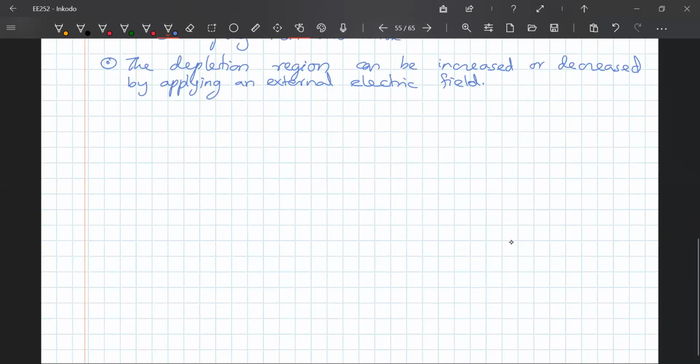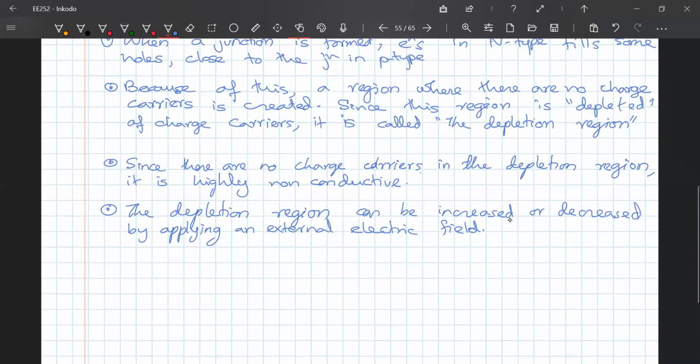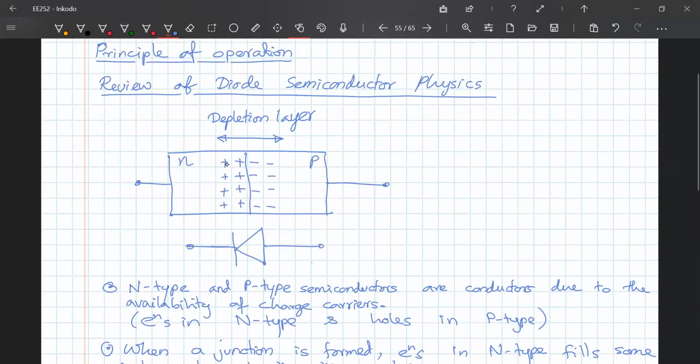Now, the depletion region, remember, is the region where you have no charge carriers because electrons have jumped over to the other side and combined with holes. So no holes or electrons. That is why it is a depletion region, depleted of charge carriers. If I apply a voltage across this, the electrons on this side will get more energy, which can jump over to the other side, overcoming the barrier or the repulsion of this negatively charged layer.